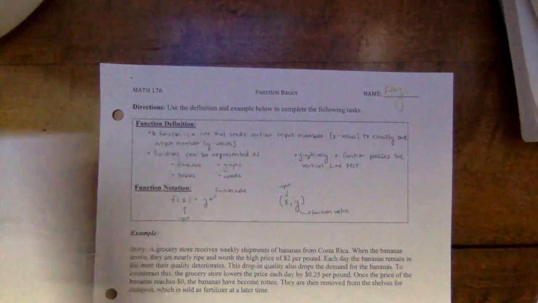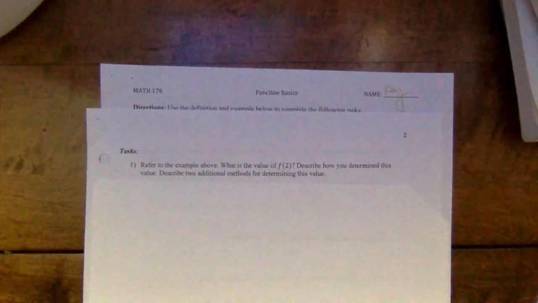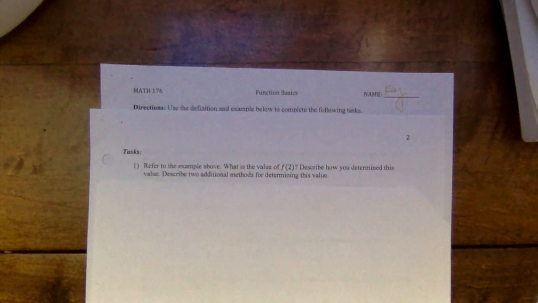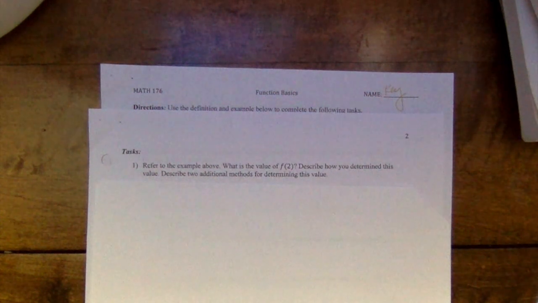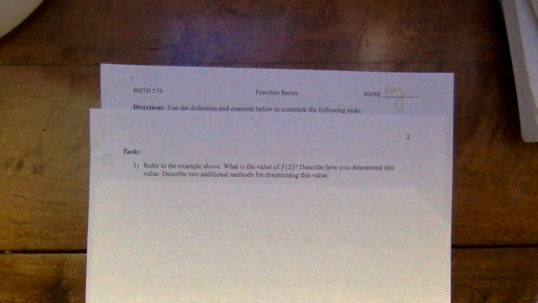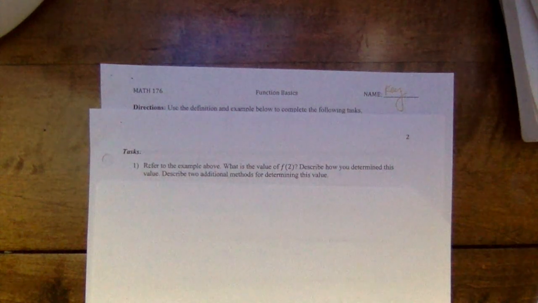Okay, so our first question says refer to the task above, or the task on the front side of the paper, and it asks what is the value of f of 2? Describe how you determined this value and describe 2 additional methods for determining this value.